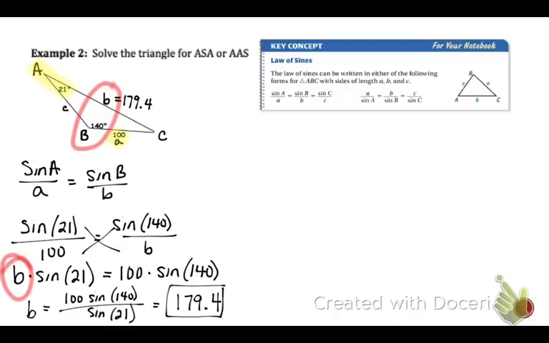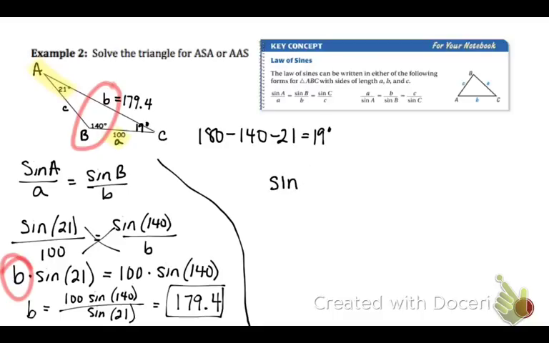Okay, now I have both big A and little a, and both big B and little b, and I'm ready to find big C and little c. Big C should be easy because we can just do 180 minus 140 minus 21, and we get 19 degrees. And now we just need to find side C. So I'm going to use side A again because I know both of those, they were given to me.